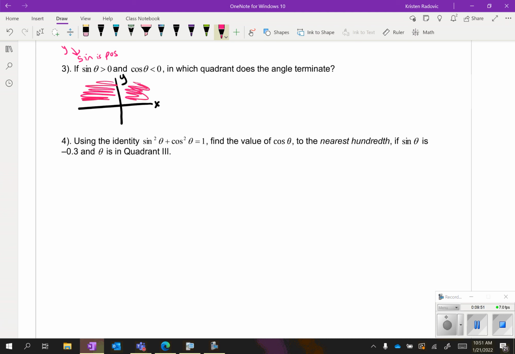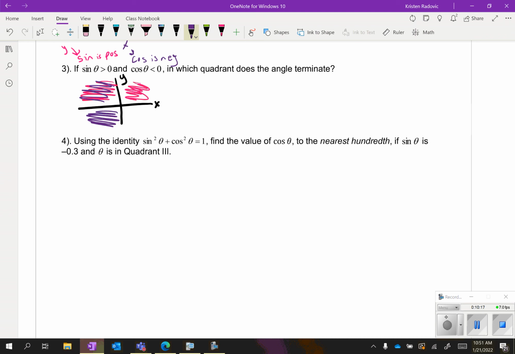They're saying cosine is less than 0. So cosine is negative. And cosine pairs with x. So they're asking, where is x negative? X is negative on the left side of your xy axis, which would be here and here.